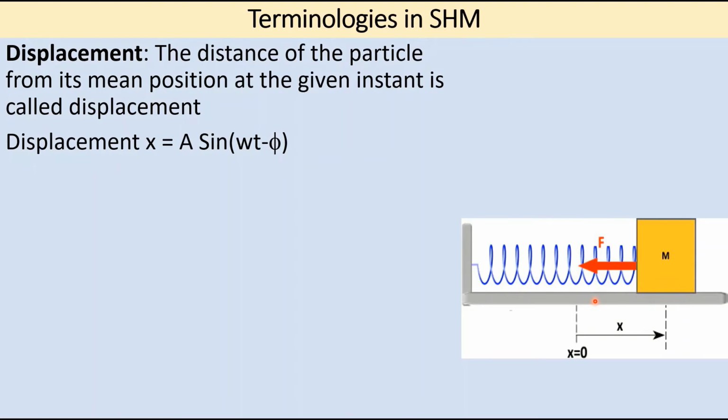So x represents the displacement of the particle from the mean position, and the equation for the displacement is x is equal to a sin(omega t minus phi). Here a represents the amplitude, omega is the angular frequency, and phi represents the initial phase. So if the initial phase is 0, then the equation for the displacement is x is equal to a sin omega t.